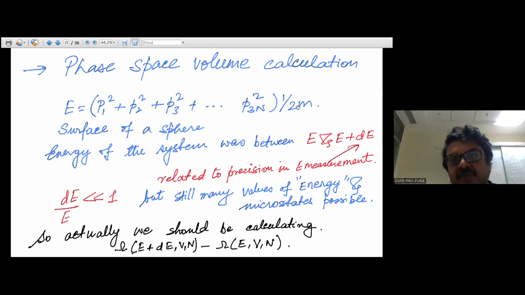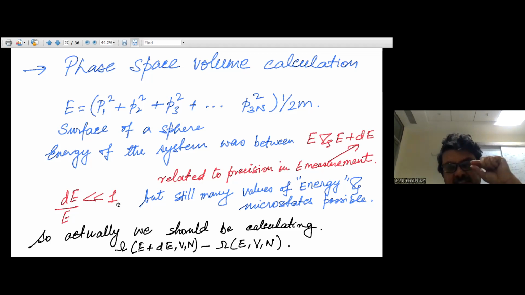So this is the surface of a sphere, but actually the system is between this, because the energy is between E and E plus dE, it's actually exploring momentum microstates. I'm talking about the momentum degrees of freedom, which are between two spheres with surfaces E and E plus dE, and dE by E is much less than 1.